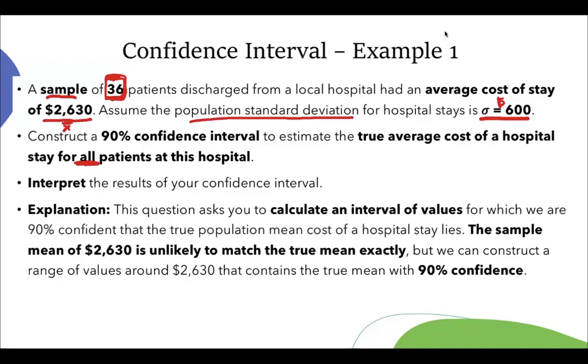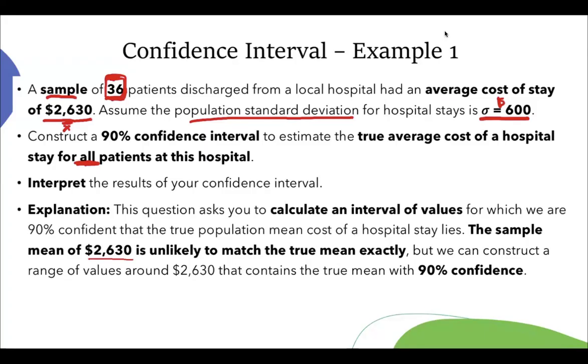So what this question is asking us to do is to calculate an interval of values, a confidence interval, for which we are 90% confident that the true population mean cost of a hospital stay lies. The sample mean 2630 is unlikely to match the true mean exactly.